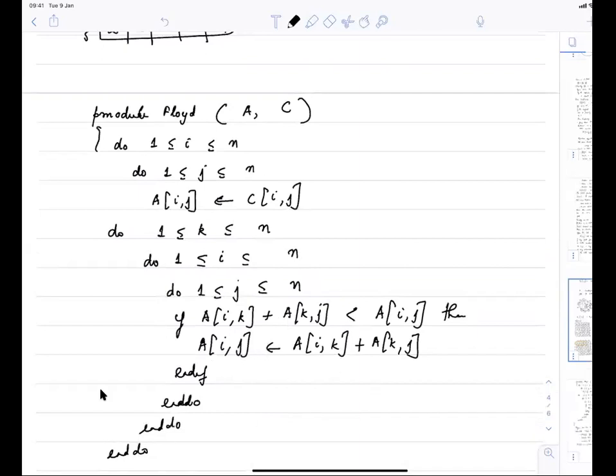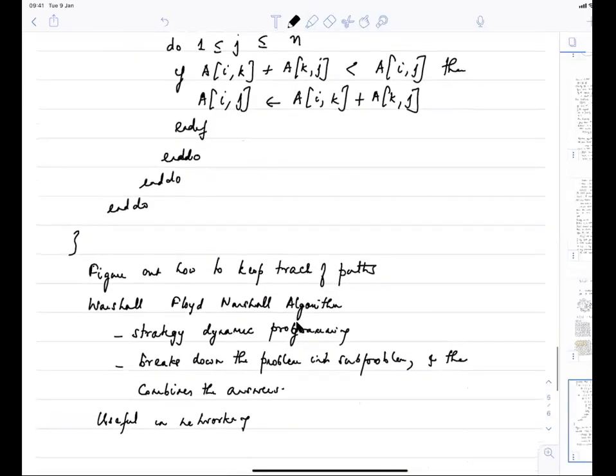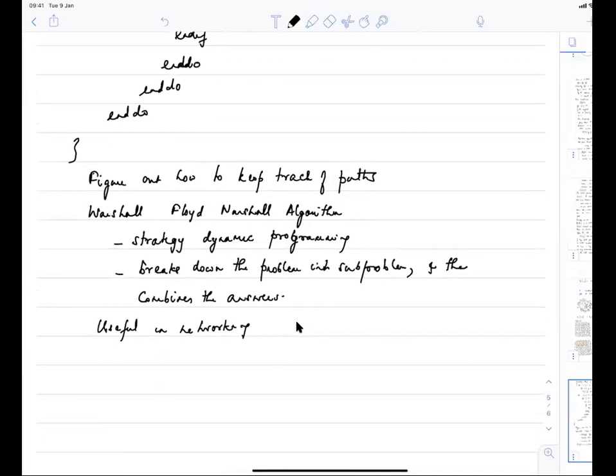So basically systematically go through the lower numbered vertices and keep on updating. So notice that A of i comma j is A of i comma k plus A of k comma j, two smaller subproblems. Now A of i comma k can get updated when it goes through the iteration, and it finally gives you the final solution to the problem. Okay. So this uses this idea called dynamic programming. Let me stop here.